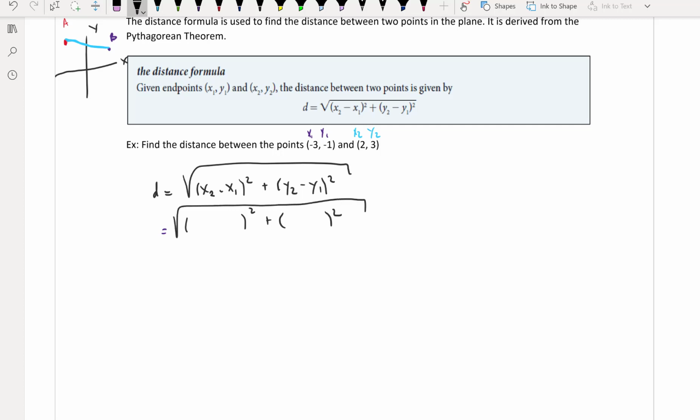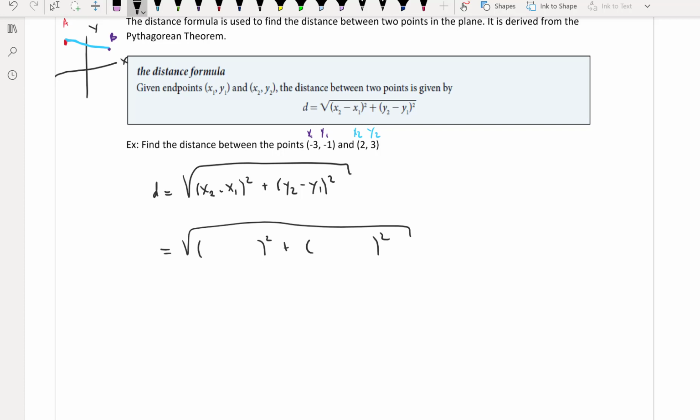Actually, let's make that a little bit nicer. We have enough room, I'm squishing up my work. Here we go. Okay, so now that it's more spread out and I have my outline going, I can just plug in my values. My x2 value was a positive 2, and it's being subtracted by my x1, which is a negative 3.